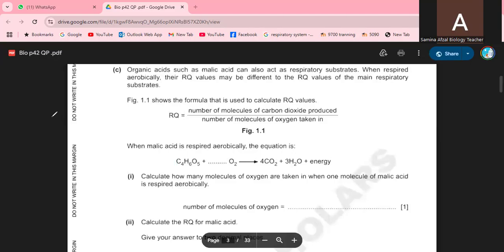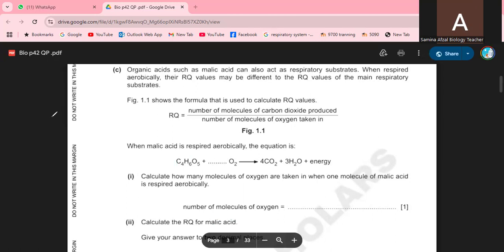When malic acid is respired aerobically, the equation is C4H6O5 plus oxygen gives 4 CO2 and 3 water plus energy. Calculate how many molecules of oxygen are taken in when one molecule of malic acid is respired aerobically.